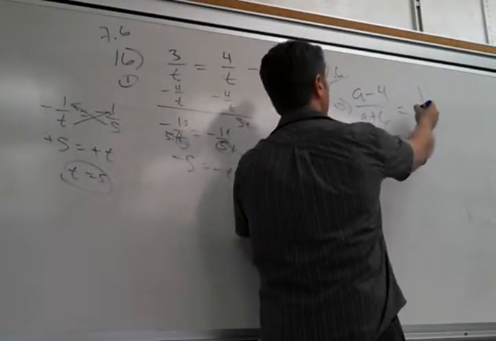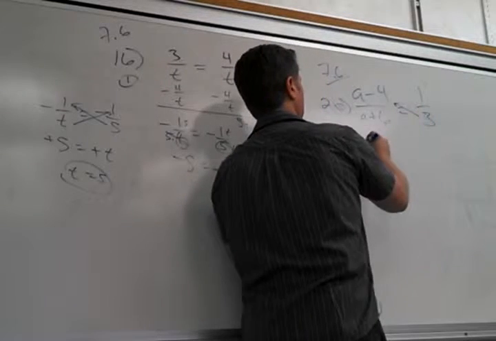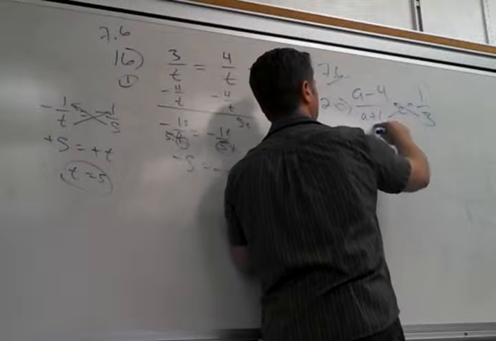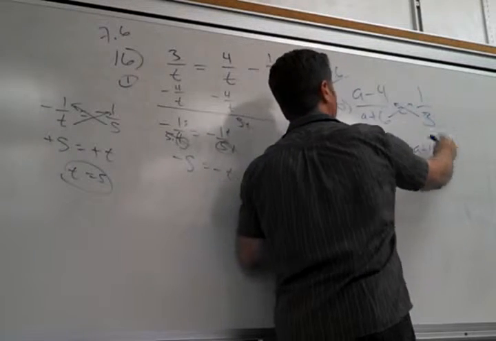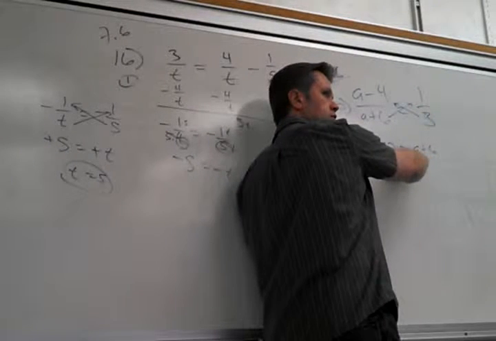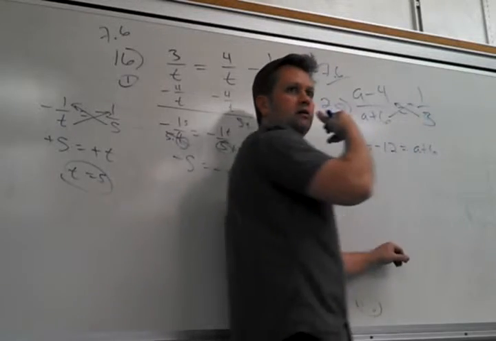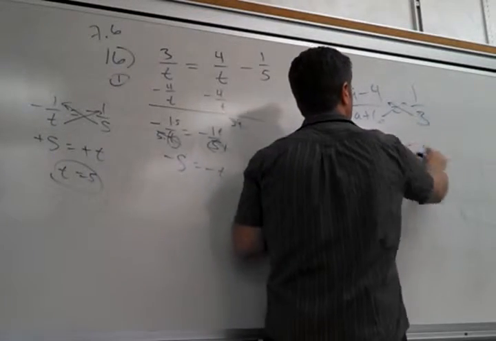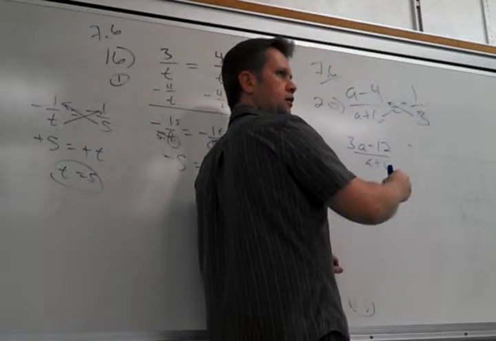So how would the next step look? I love it. 3a minus 12 equals. And notice how I still have an equation. I can't have my equation suddenly disappear. I always get somebody who just says that and circles it.